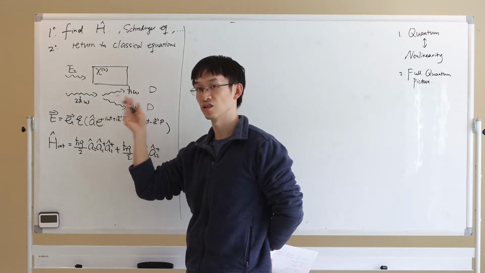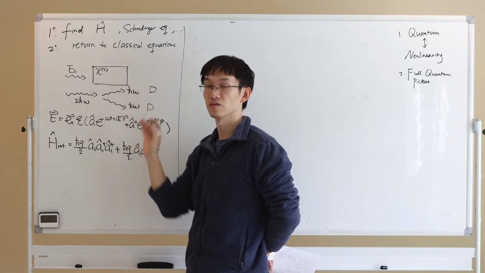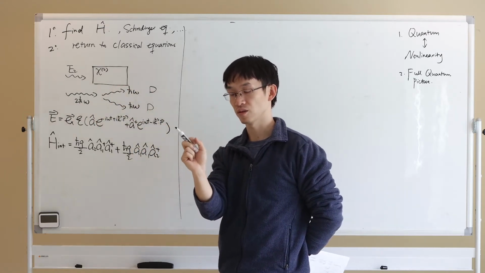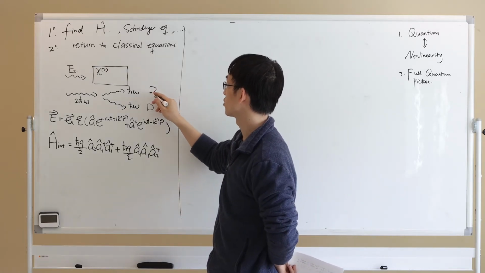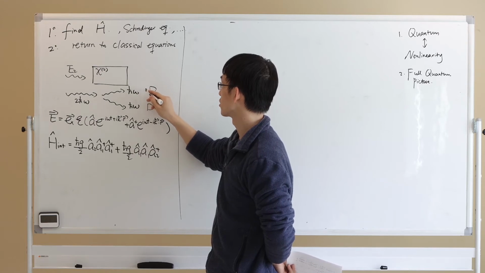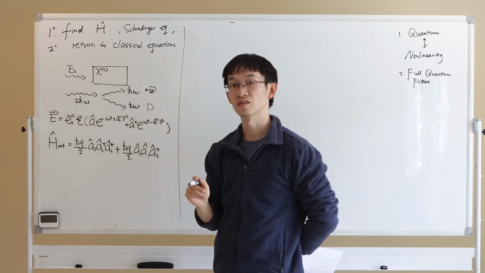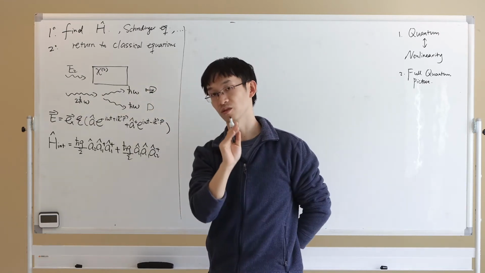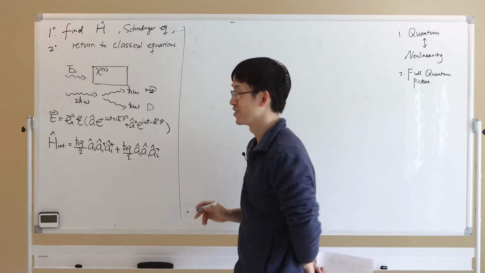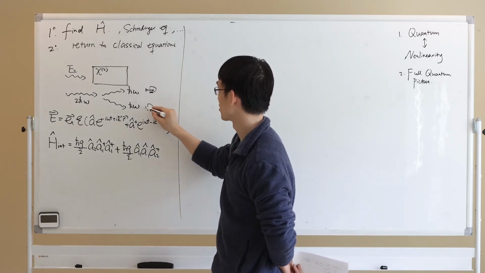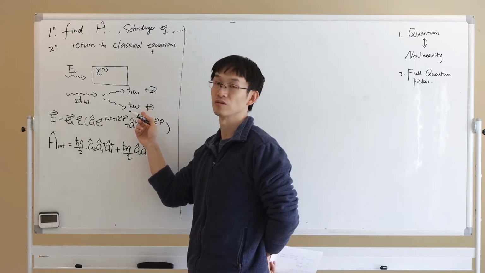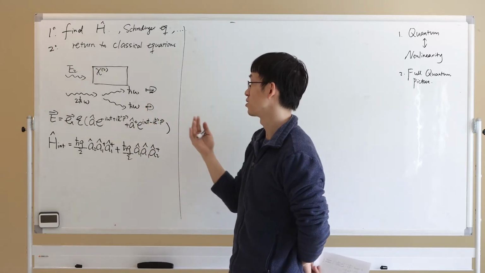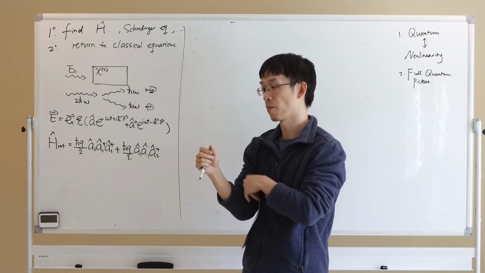For most of the time, the 2 omega photon doesn't generate these pairs of photons, so your detector doesn't show you any photon, apart from dark current. But whenever a photon arrives here and lights up your detector, you're 100% sure, if your experiment is well designed and well prepared, that there will be a second photon. The other photon is also generated and arrives at this detector. So this is called entanglement.